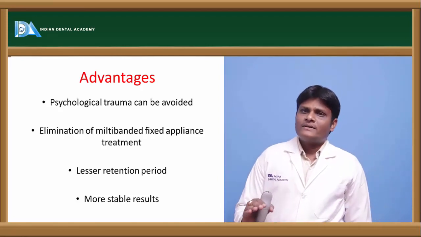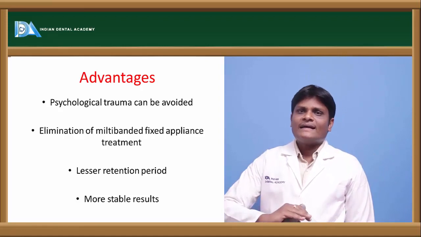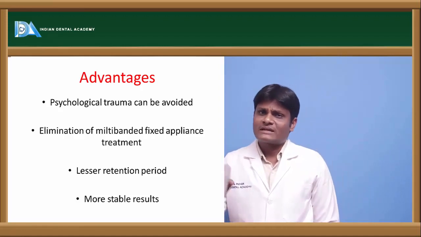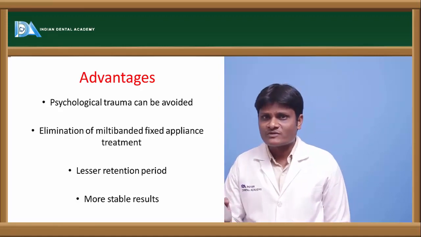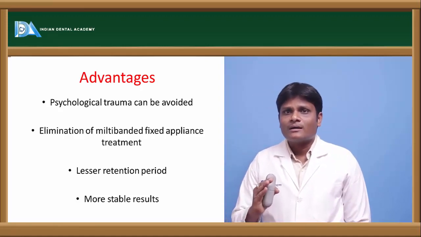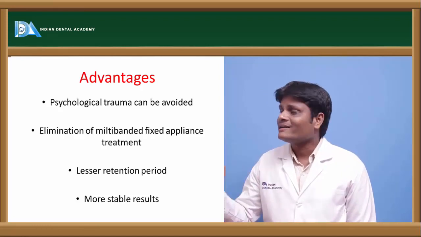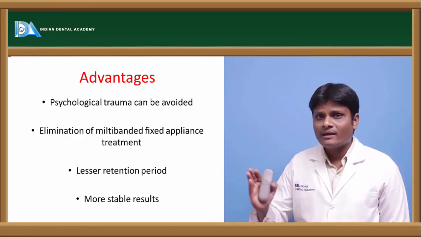And the serial extraction procedure eliminates the need of multi-banded fixed appliance therapy, which is a time consuming and costly procedure. Thereby, the patient will be pleased to get the malocclusion corrected at an early age of life by serial extraction procedure.